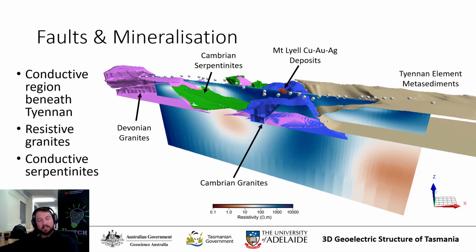Even further west, Devonian granites seem to account for some of the elevated resistivities in that part of the model space. So I think that's a pretty good story. The relationships observed in AusLAMP fit with the relationships in the Western Transect.